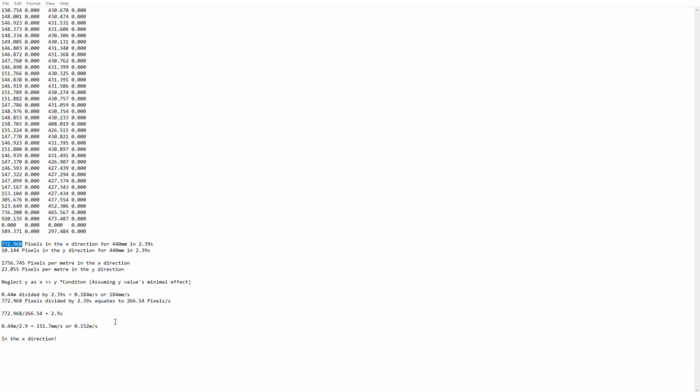If we determine the percentage difference between these values, 184 versus 151.7, there is an error of about 18%. There's an 82% similarity, but there is a disparity there, and we've just been able to calculate that.